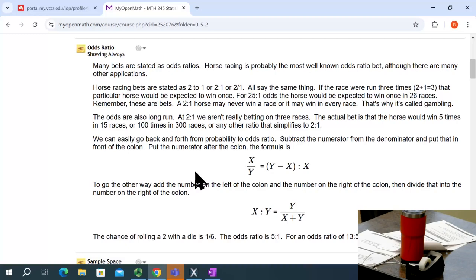Or 50 to 1: in 50 races, this horse wins once. All right, so those are long odds. And an odds ratio is just add those two together and divide that into the first number. So 2 to 1 is 2 out of 3 chances of winning the race.